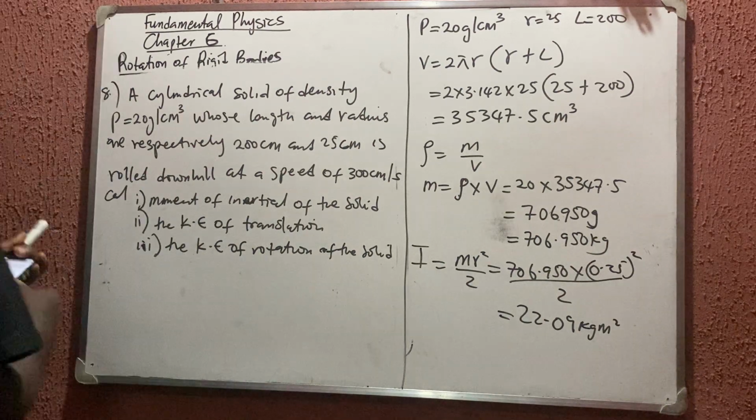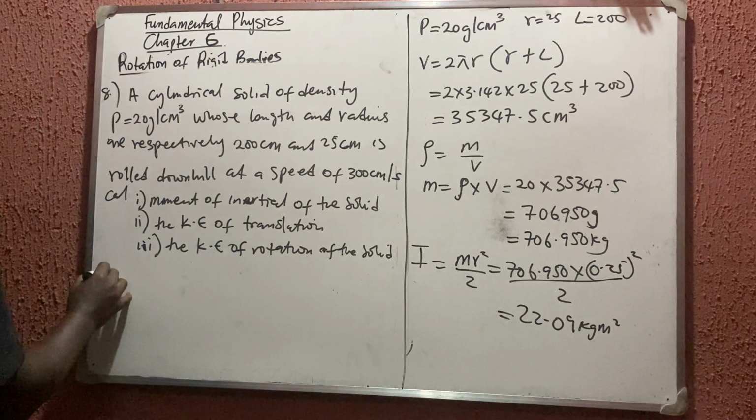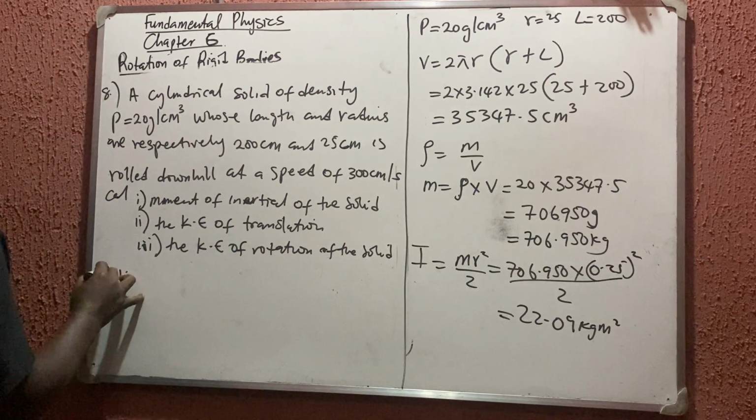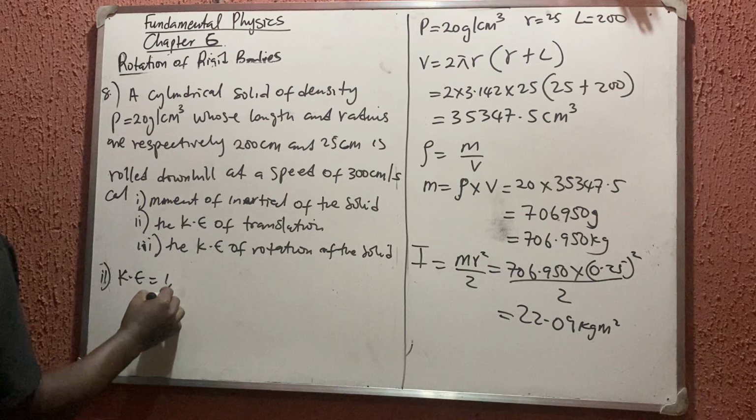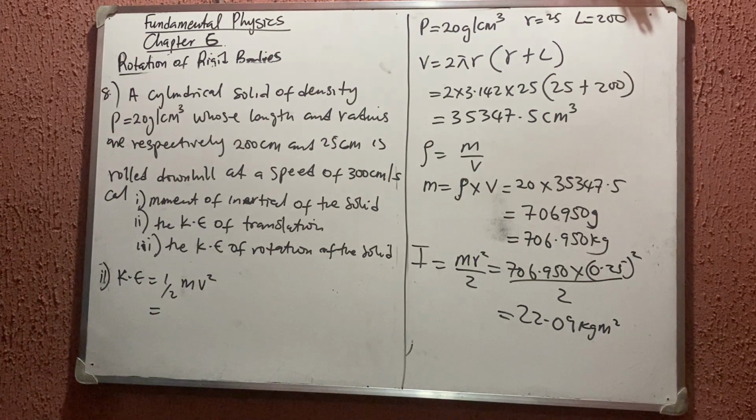Okay, so now the next thing we are asked to calculate is the kinetic energy. I know that kinetic energy is equal to what? Half mv squared. Okay, so where is our velocity? So the speed here is 300 cm per second. So if you now change it to meter per second, you are going to have, say calculate what?